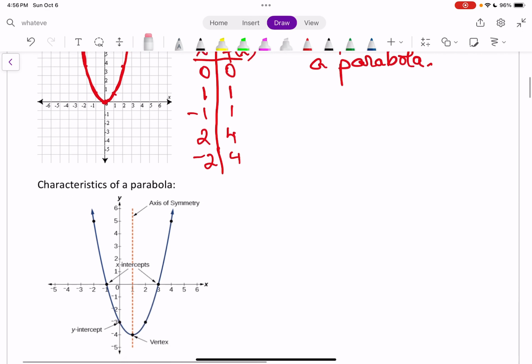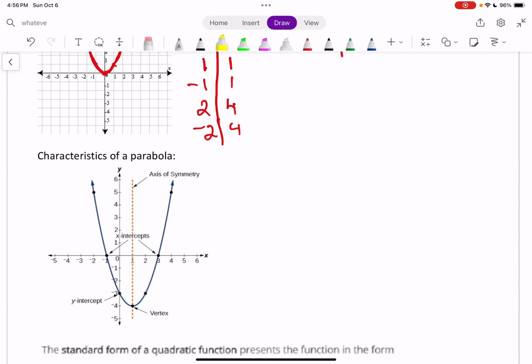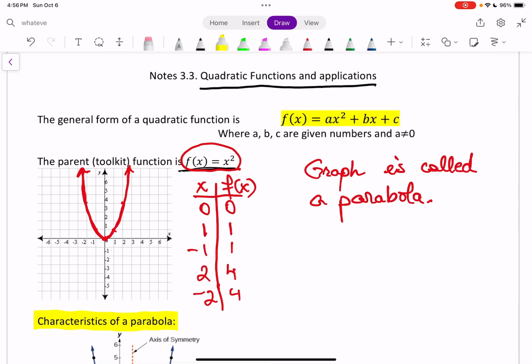Now, here are the characteristics of a parabola. Anytime we graph a quadratic function, and by the way, what makes a function quadratic? Well, the same thing that made everything else in this chapter quadratic: the fact that we will see an x squared, right?